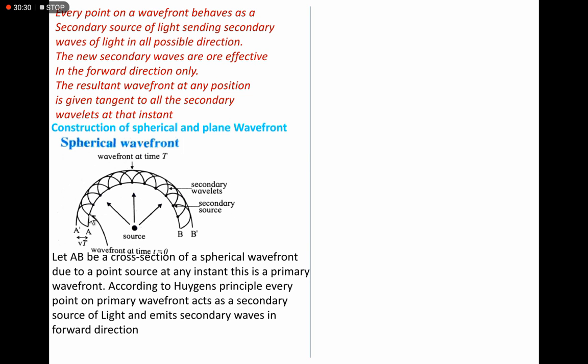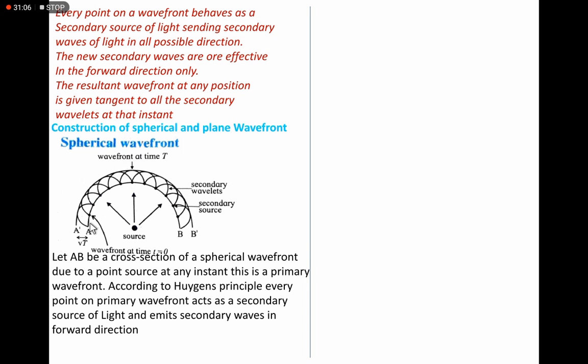Suppose this point is on the primary wavefront, it emits light waves in the forward direction. Suppose the velocity is v dash, and again the time for which the waves travel is capital T. Then v dash t is the distance, and this point is the center if we trace a sphere.